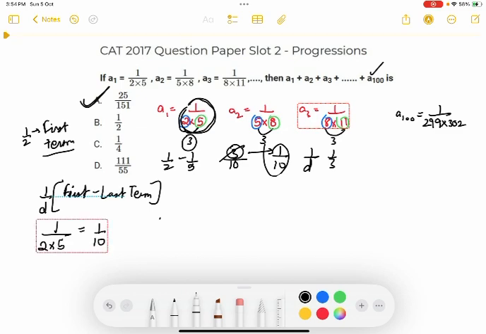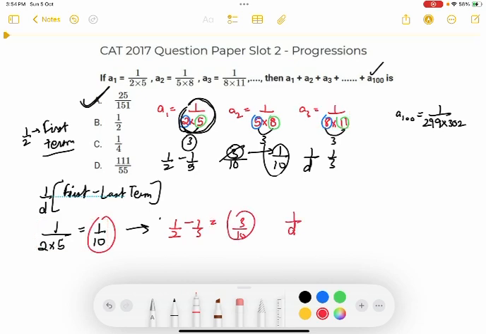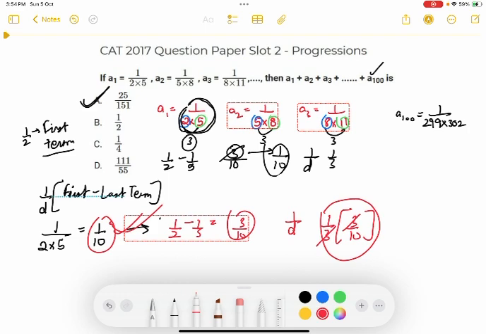But if I write it as 1 upon 2 minus 1 upon 5, what I'll get is 3 upon 10. So 1 upon 10 and 3 upon 10 are not the same. That's why we write 1 upon 3, that is the difference, so that the 3 and 3 get cancelled out and we get the eventual result of 1 upon 10. You can use this concept to solve these types of questions. So the answer for this question would be 25 upon 151, option number A.